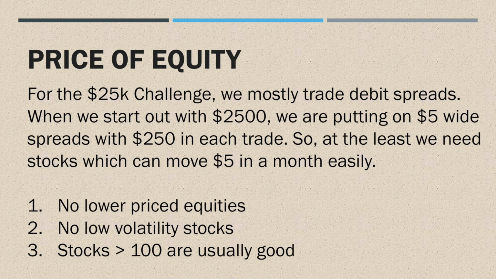The second criteria is that we need to avoid low volatility stocks. What does that mean? Volatility is generally described as how wild a stock's movement is away from its mean.